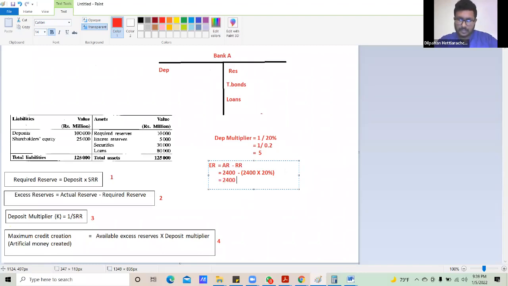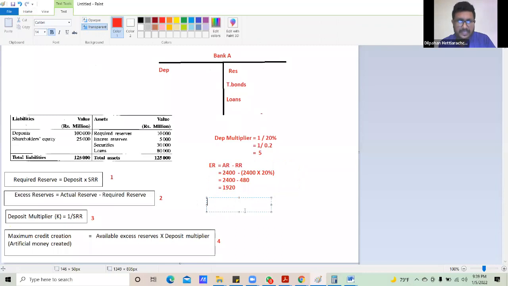So I will do the simplification. So this will be the excess reserve answer, right? 1920.